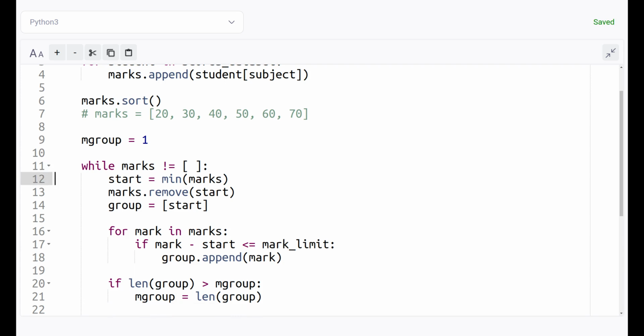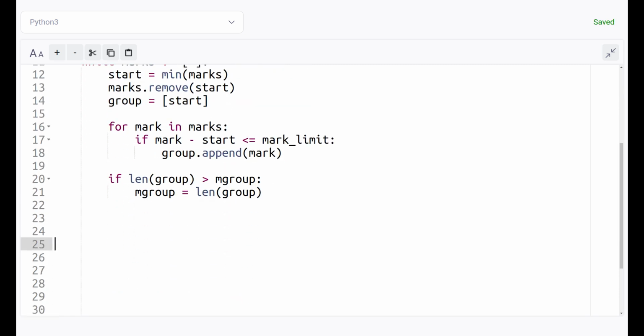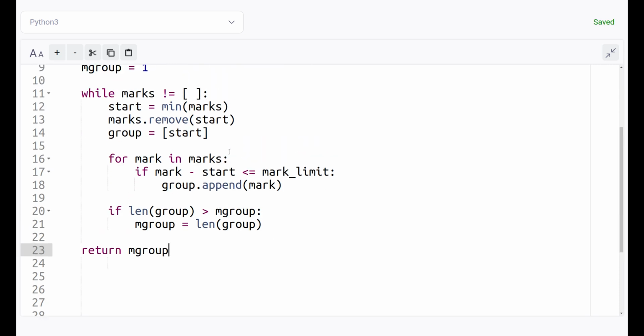The moment you have a while loop involving a list, you have to ask, will this loop terminate? This loop will terminate because you are removing one element in every iteration, in fact the minimum element. Finally, you get out of the while loop and return the maximum group size.